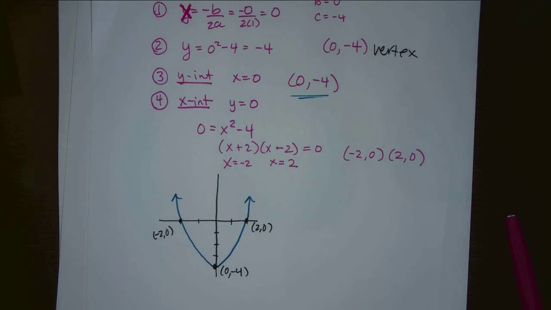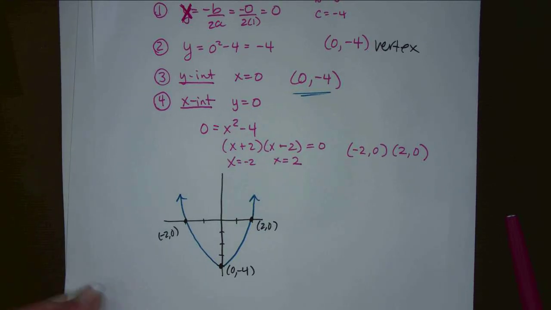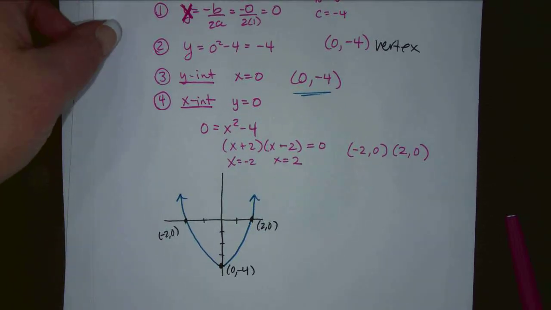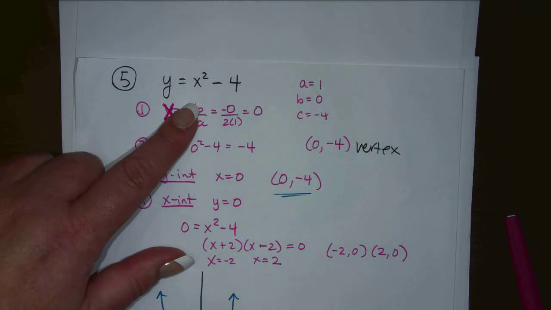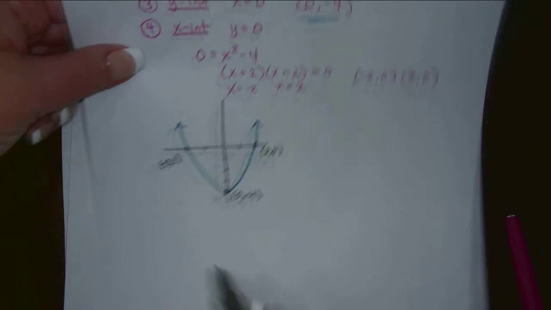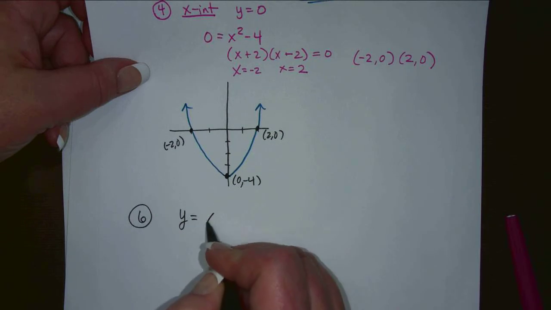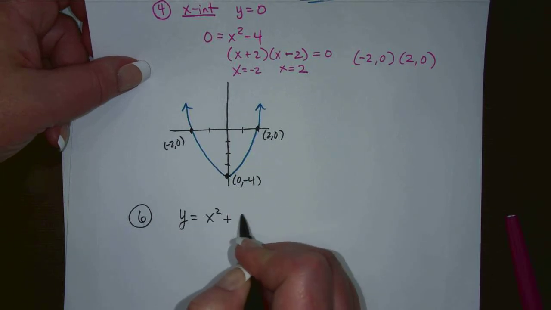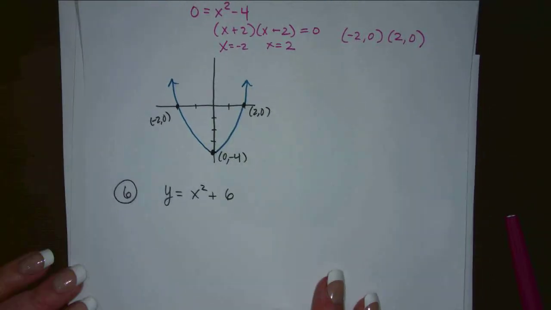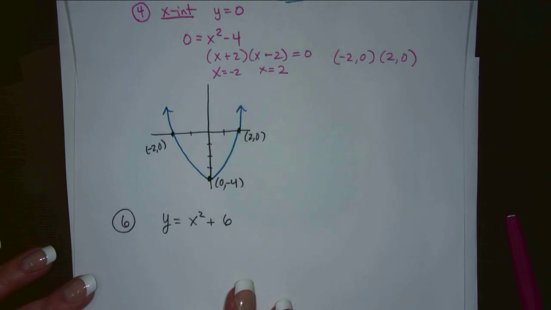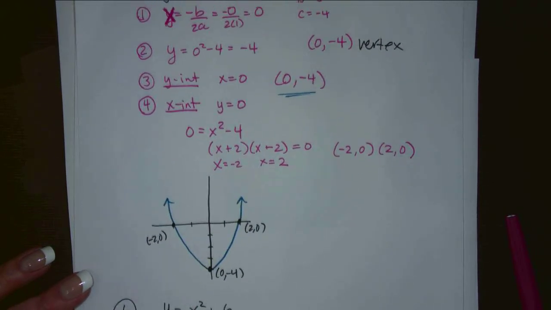Now what if it was a sum of squares? What happens? That was a difference of squares, the minus in between. Okay, so first of all, go back to this one.